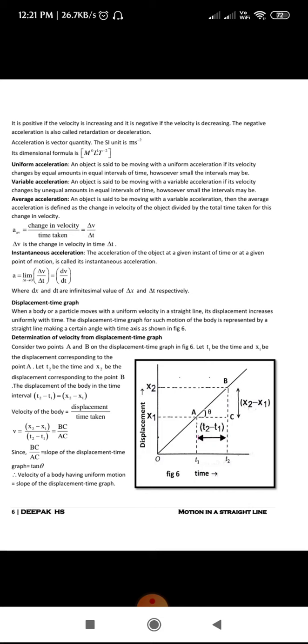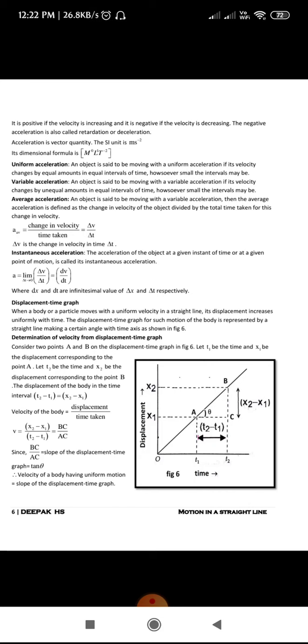Next is variable acceleration. An object is said to be moving with a variable acceleration if its velocity changes by unequal amounts in equal intervals of time, howsoever small the intervals may be.